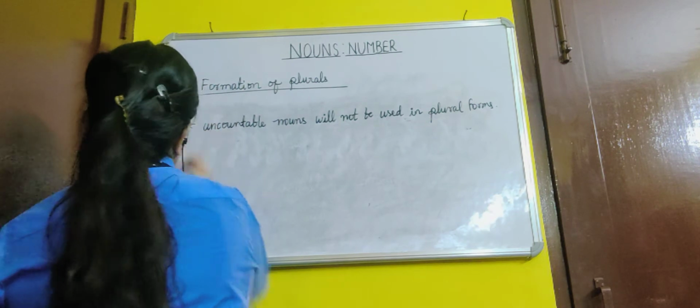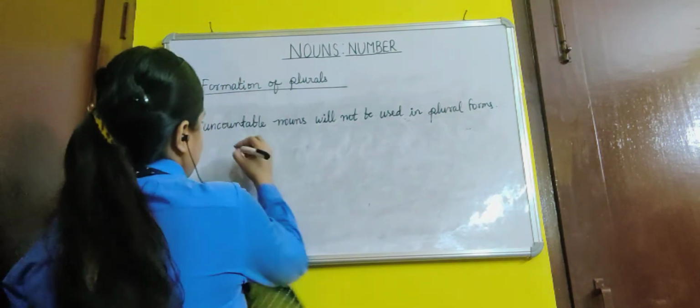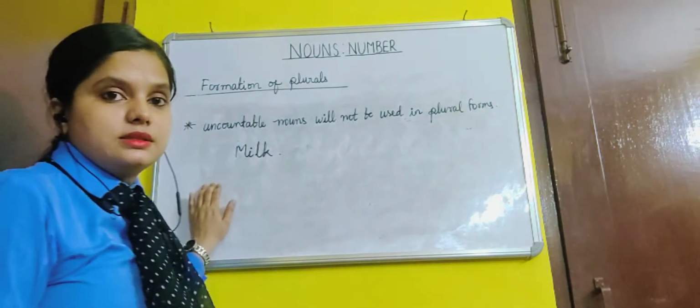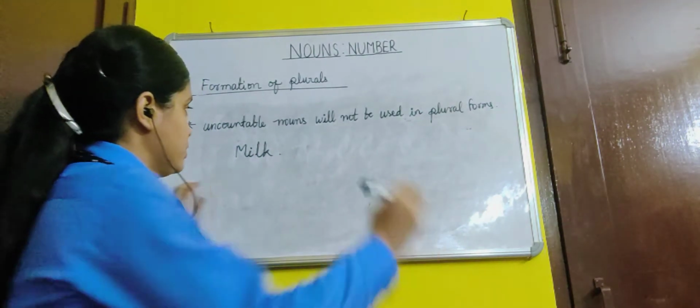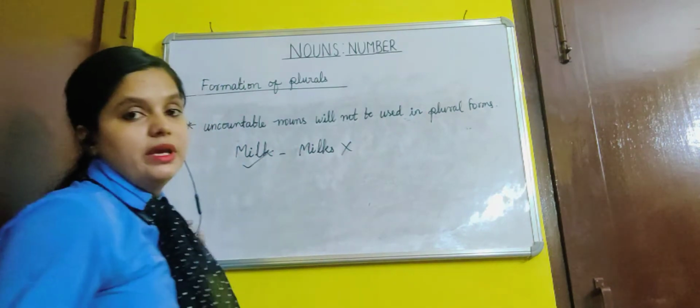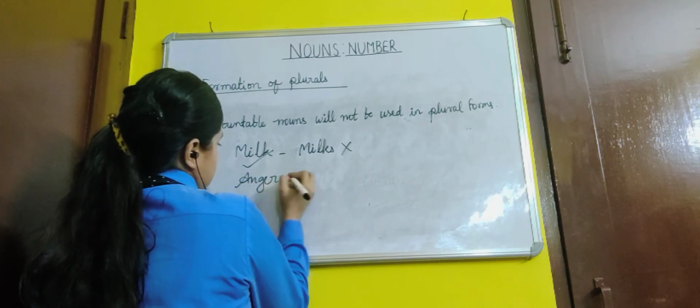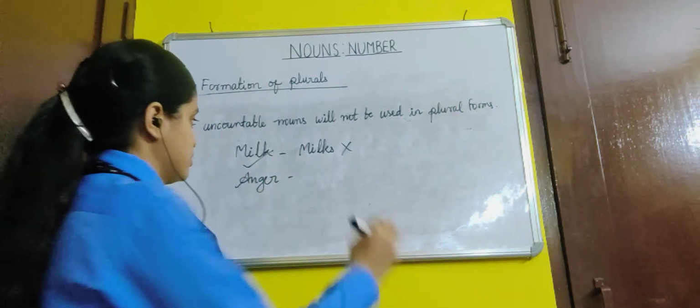Okay, like milk. Okay, milk is an uncountable noun. So there will not be such word like milks. No, it will be milk. Anger is an uncountable noun, so we will not say angers.